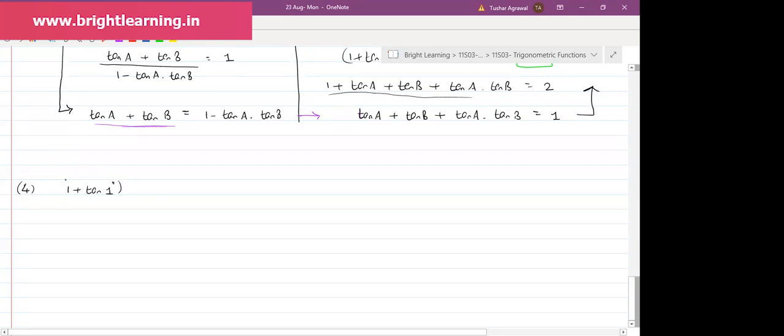1 plus tan 1 degree, 1 plus tan 2 degree, 1 plus tan 3 degree, and so on up to 1 plus tan 44 degree, is equal to what?